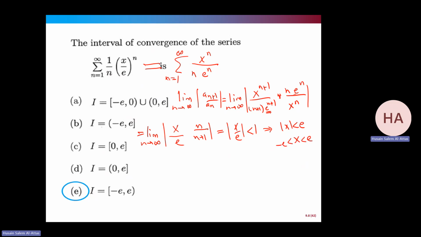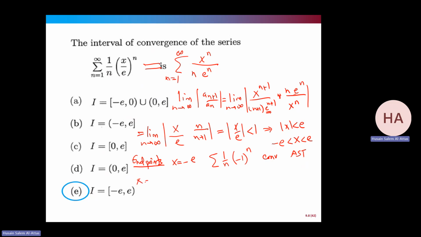Okay, that's good. Now let me check the endpoints. x equals minus e. See what will happen. I'm getting 1 over n times minus e over e, which is (-1)^n over n. I know this converges by the alternating series test.